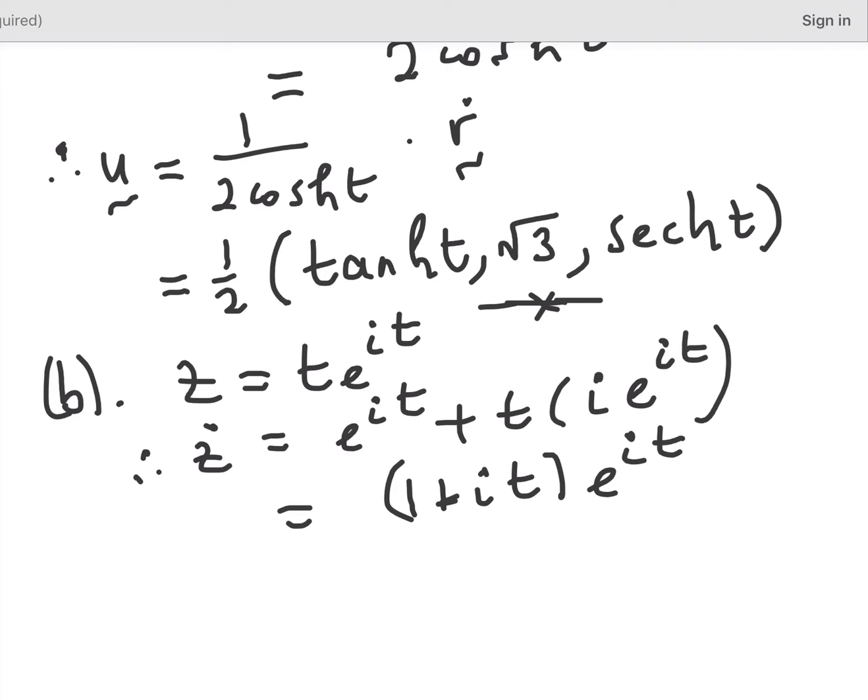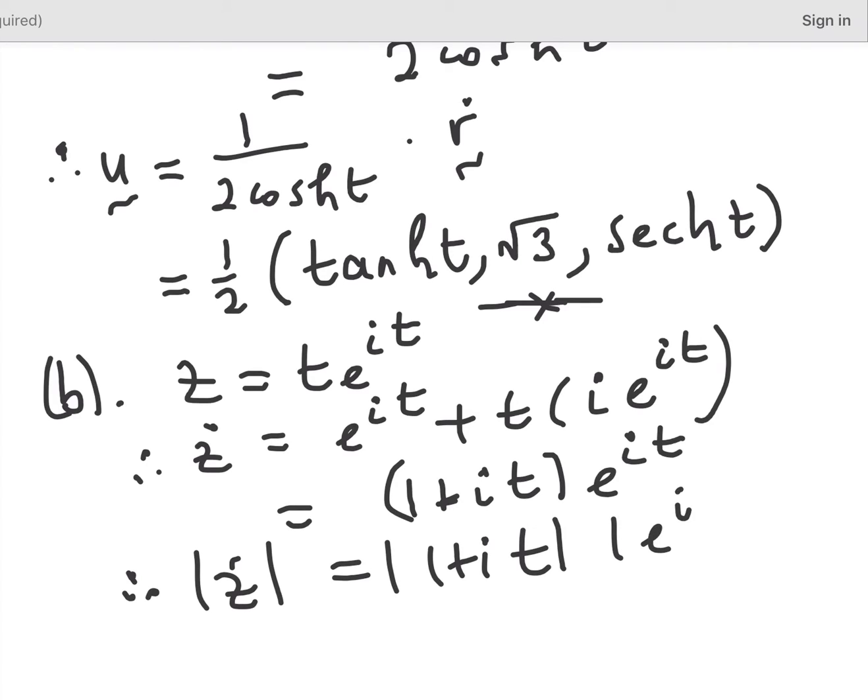When we take the mod of this z dot, that will be the mod of 1 plus it times the mod of e to the it.